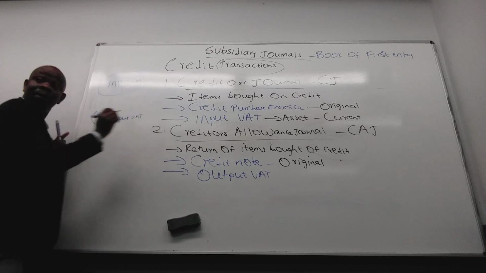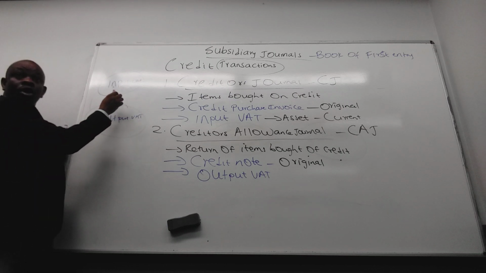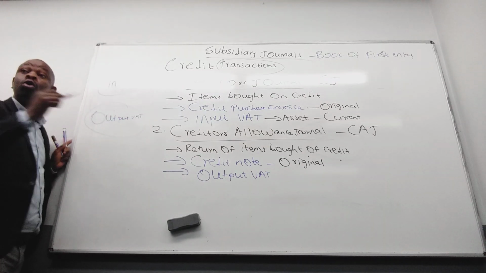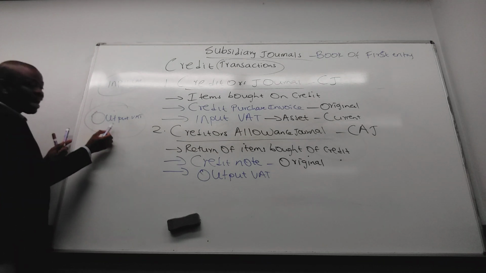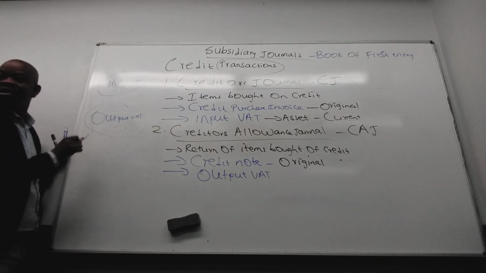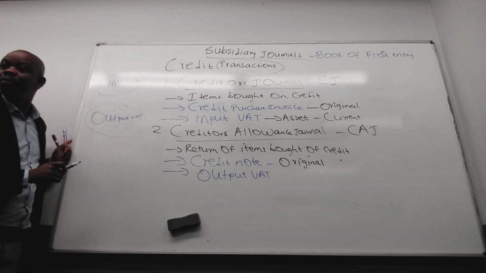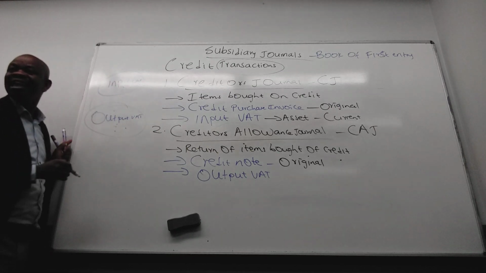It's because before we pay SARS, or before SARS pays us, we need to check the difference between the two and say who owes who between SARS and us. So for me to say output, I'm trying to reduce what? Because the more output I have, the less output I'm gonna have. So this is just a reversal of the input so that I cannot claim it.